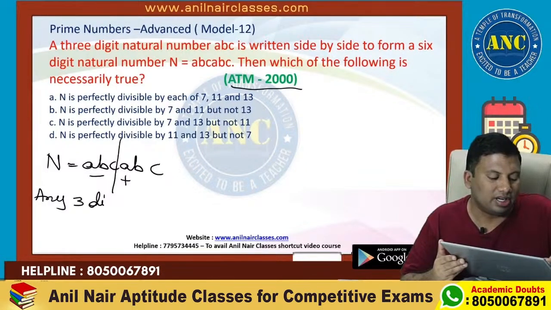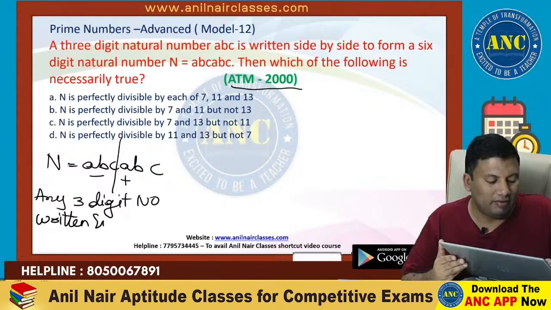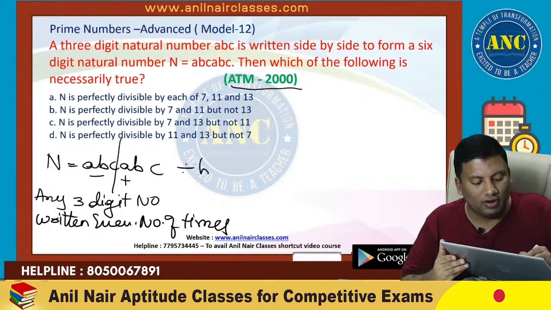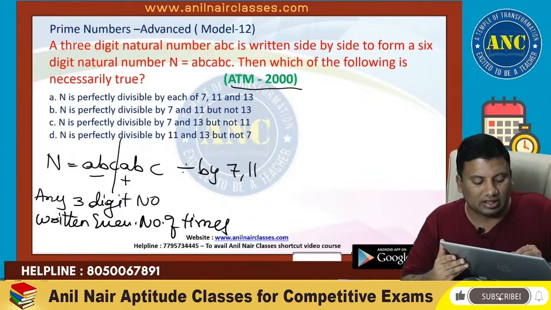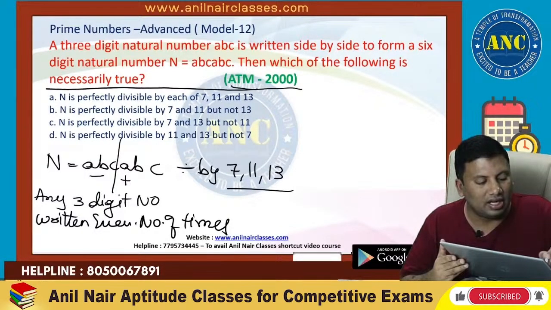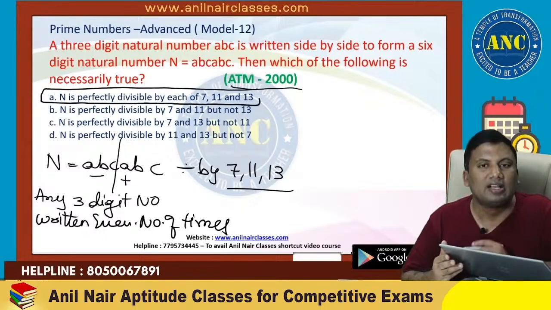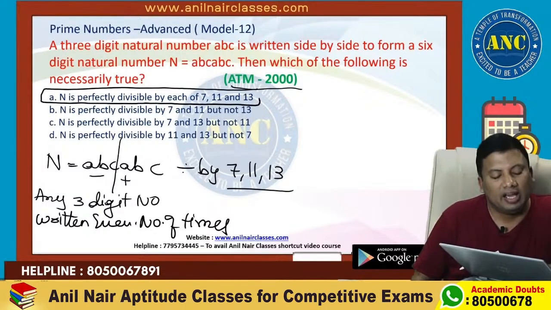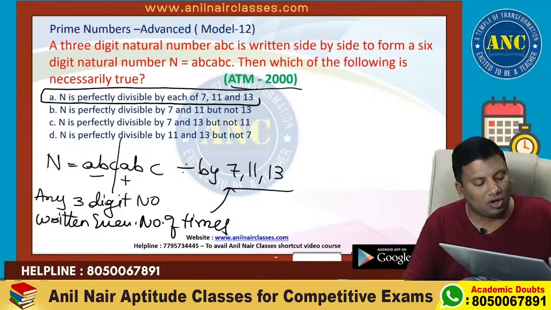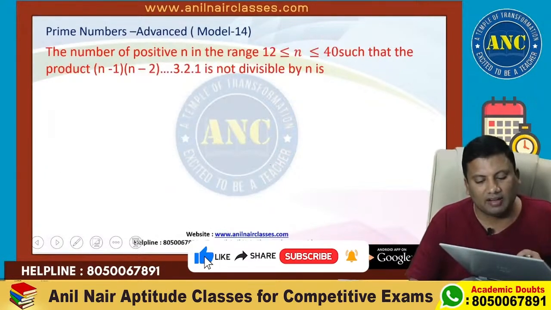Any 3-digit number written even number of times is always divisible by 7, 11, 13. In my previous class, I discussed this concept. So, n is perfectly divisible by 7, 11 and 13.